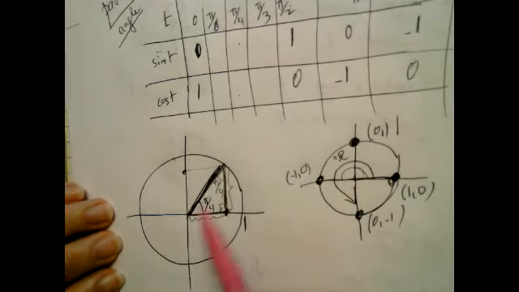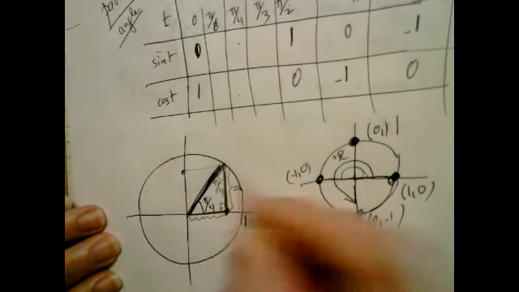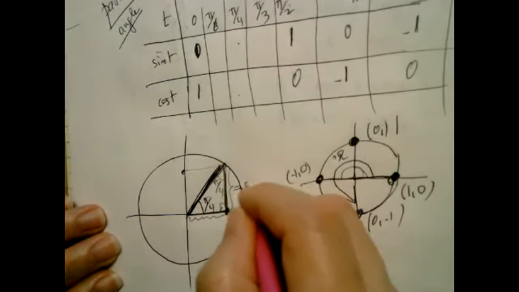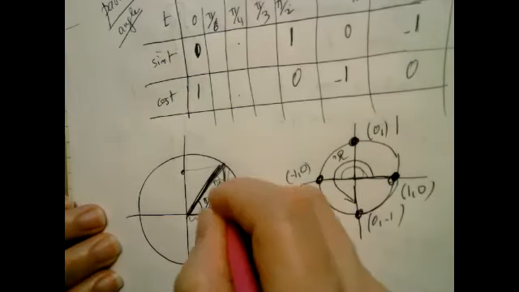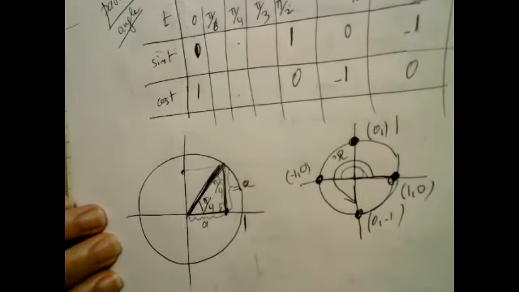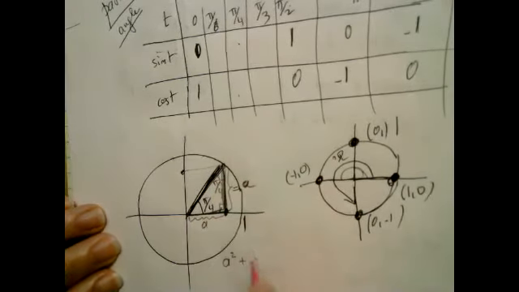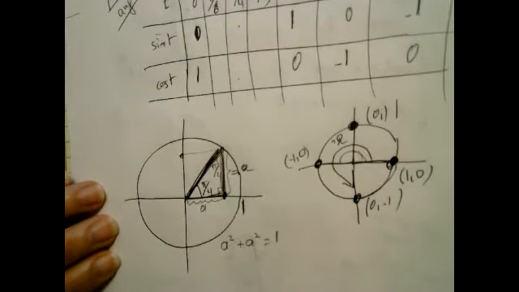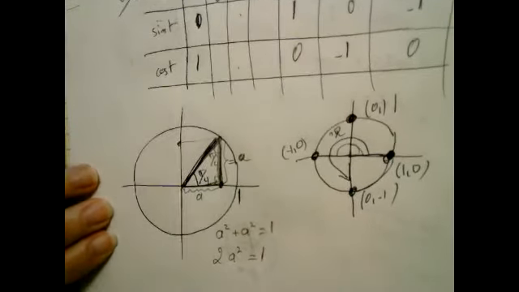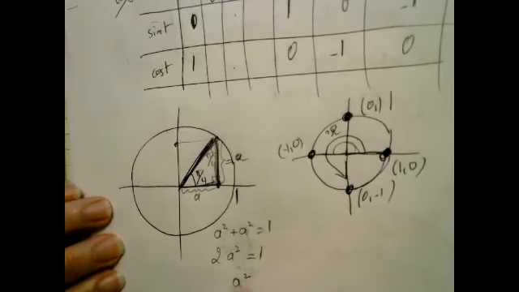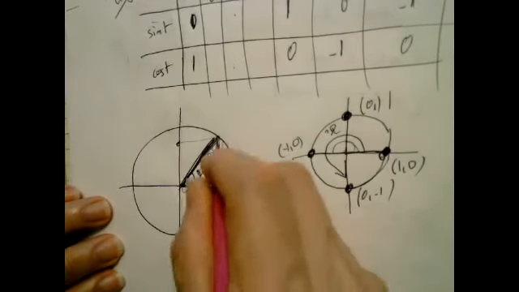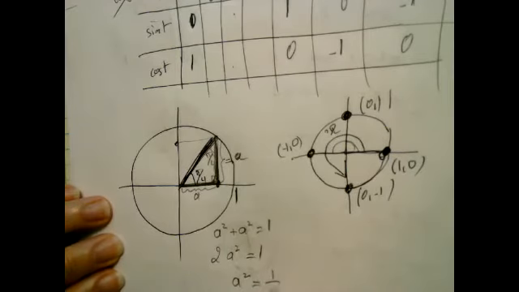As I said, I will show you only why. Because if we use the Pythagorean theorem, let me call this one A, and let me call this one A. This is isosceles, it means they are equal. I will get A squared, this side, plus A squared equal to 1. That's really what it is about. It means 2A squared is 1. A squared, which is this side here, which is equal to that, is a half.